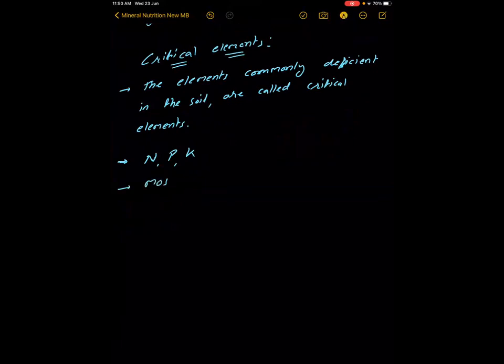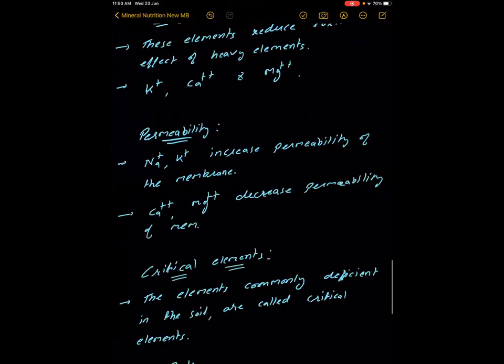So what do you mean by increasing the permeability of the membrane? Permeability is there, no? Suppose this is the membrane. This membrane becomes more permeable or less permeable in that environment where the minerals are present. Increasing means the transportation becomes fast, more sensitive to the transportation process. Potassium ion in this case, like nerve conduction in zoology.